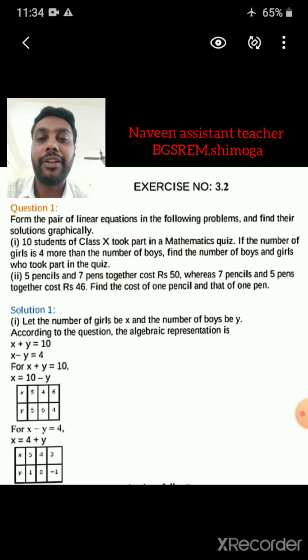Similarly, for the second equation x - y = 4, we can take x = 4 + y, and substituting the values of x as 5, 4, 3, we get the values of y as 1, 0, -1. In this way, we can take the values of x and y. Take as homework: represent these points in a graph.